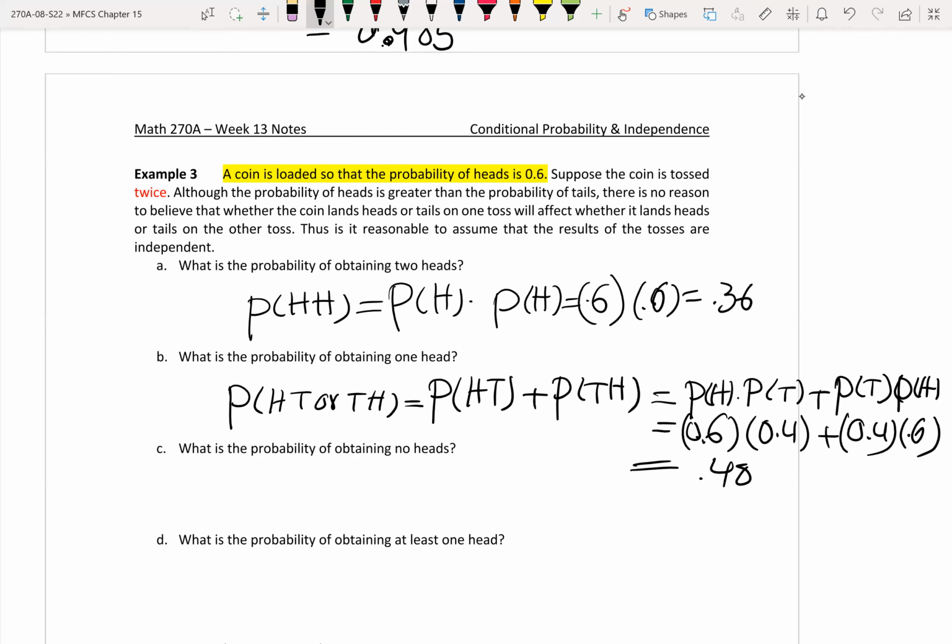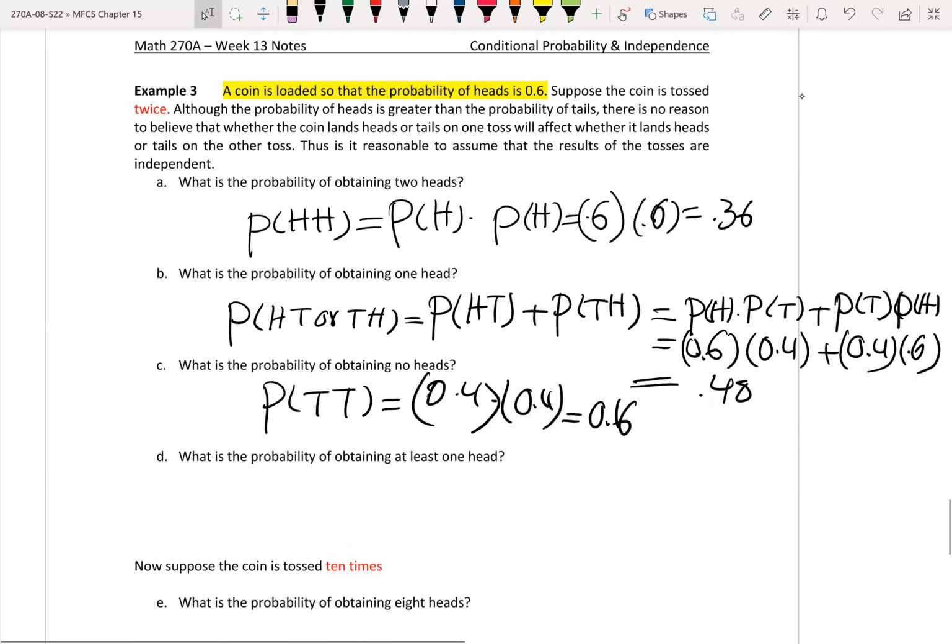We can go that way, or we can just say 1 minus the other one. They are complementing, right? Probability of tail is going to be 0.4 times 0.4, which is 0.16.